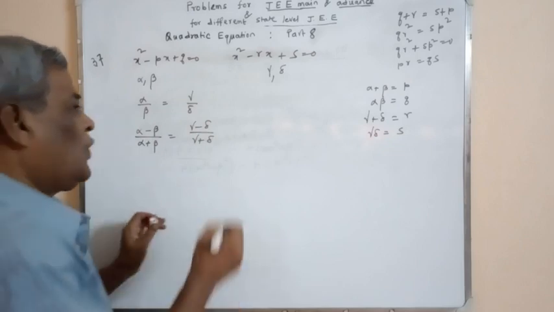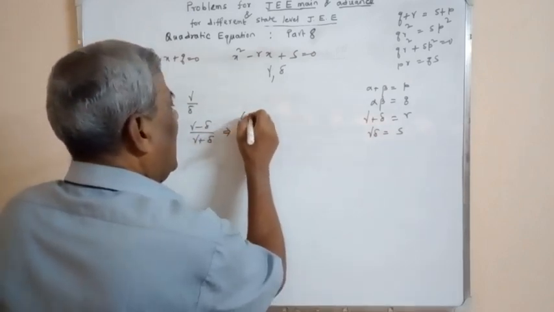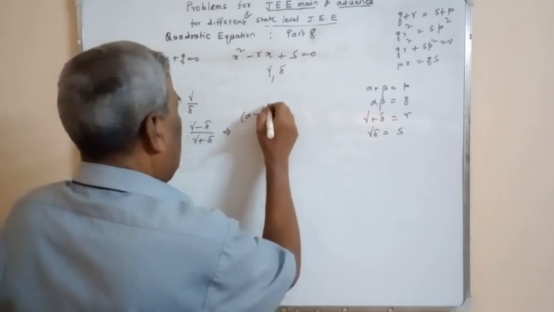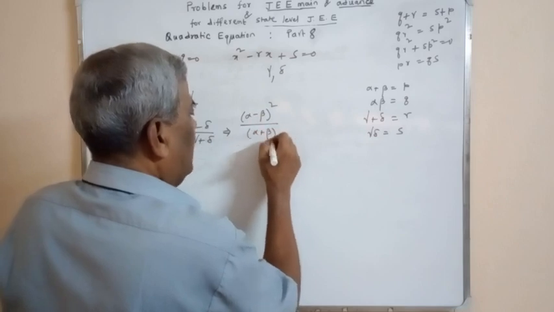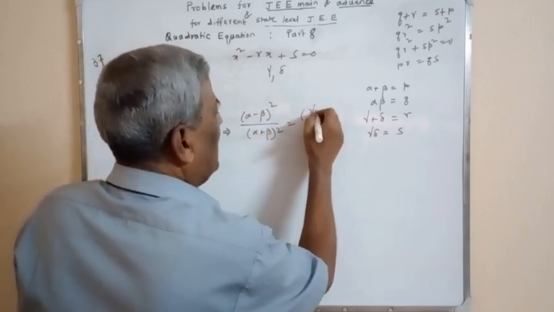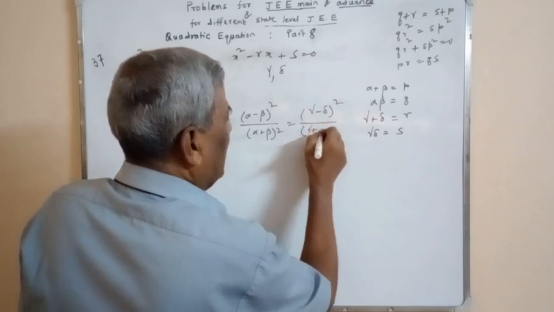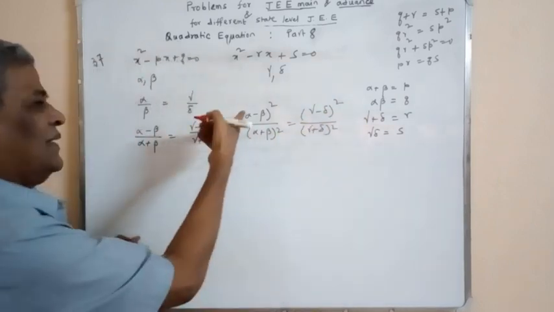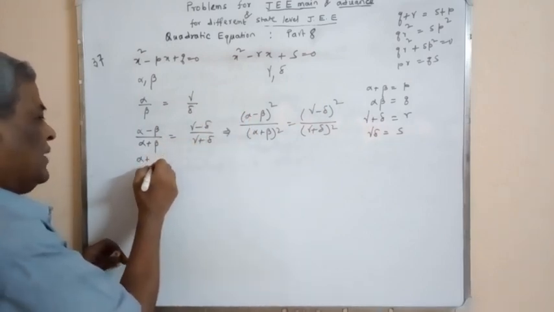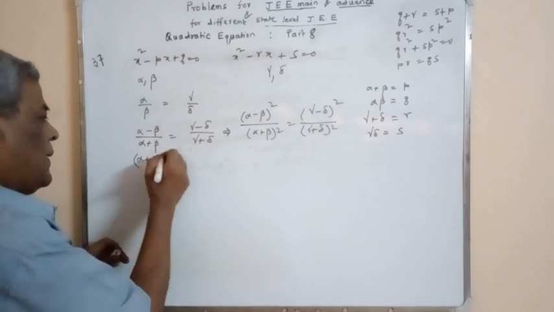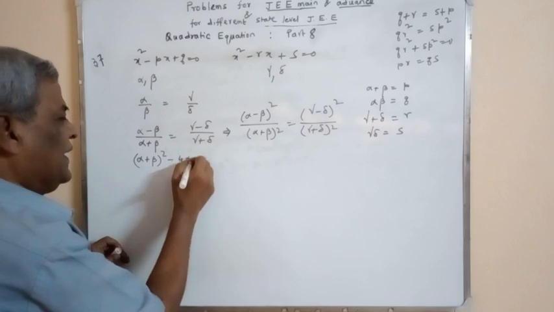For that purpose, squaring both sides, alpha minus beta whole square by alpha plus beta whole square equals gamma minus delta whole square by gamma plus delta whole square. This can be written as alpha plus beta whole square minus 4 alpha beta.